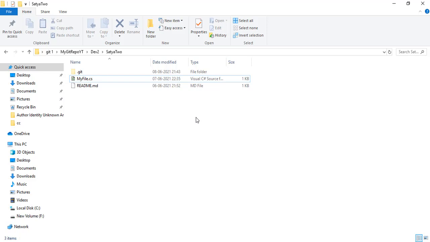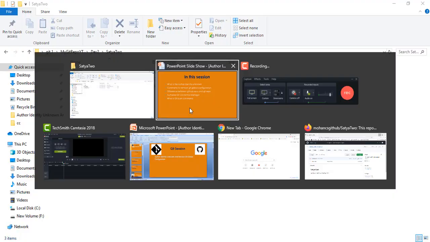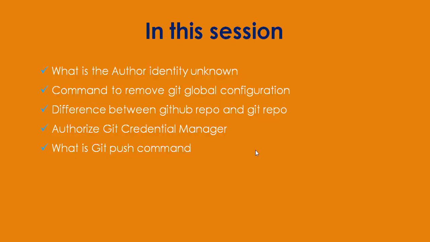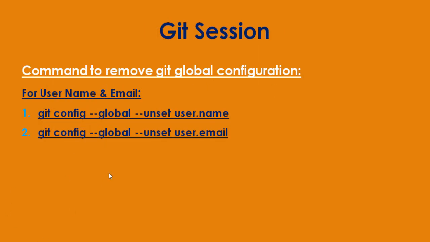That means removing or resetting the Git global configuration. For this I need some commands: to unset the username, git config --global --unset user.name, and to reset the user email, git config --global --unset user.email.